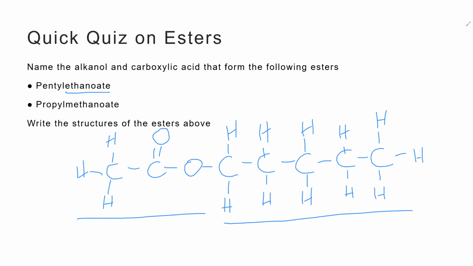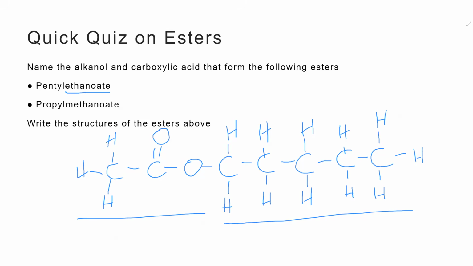So I want every one of you to write the structure of propyl methanoate in your notebook. I'm going to give you 30 seconds to do that. After 30 seconds, I'm going to write the structure on the board.